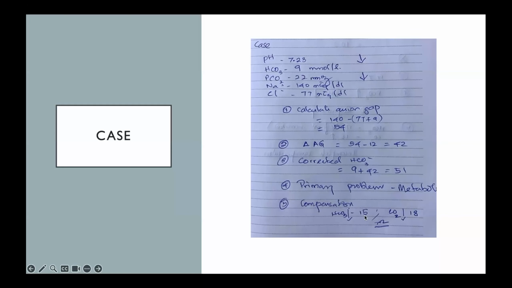Actually, it is 18. So almost equal. It's a metabolic with respiratory compensation, almost adequate. However, this is a mixed problem, so the compensation cannot be told very accurately. Any question? Okay, fine.